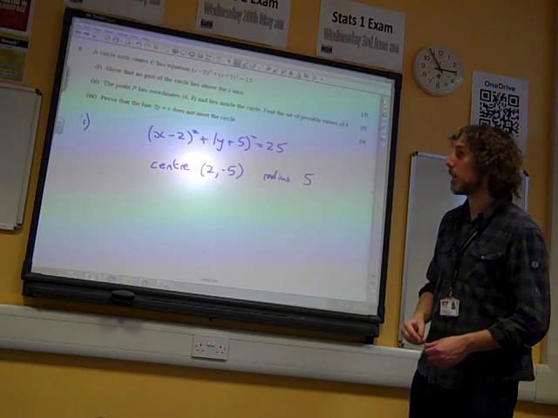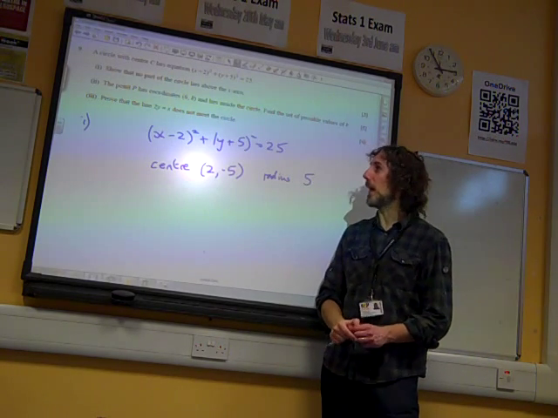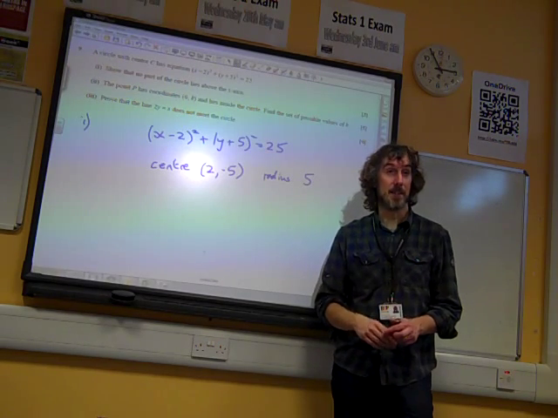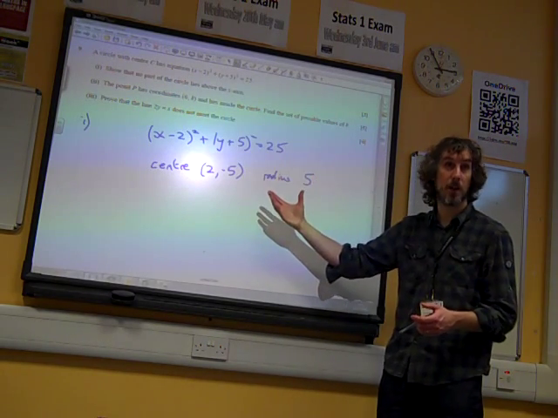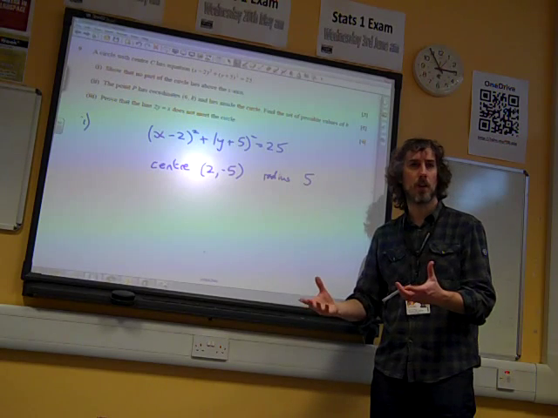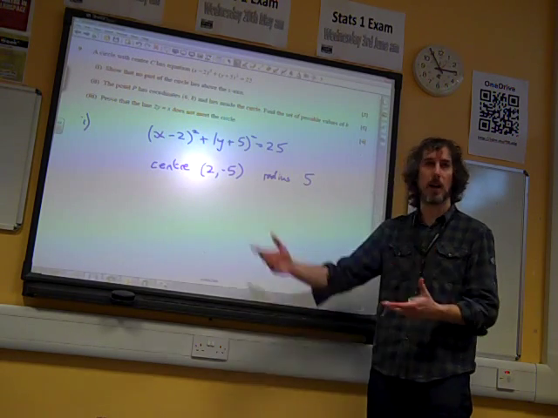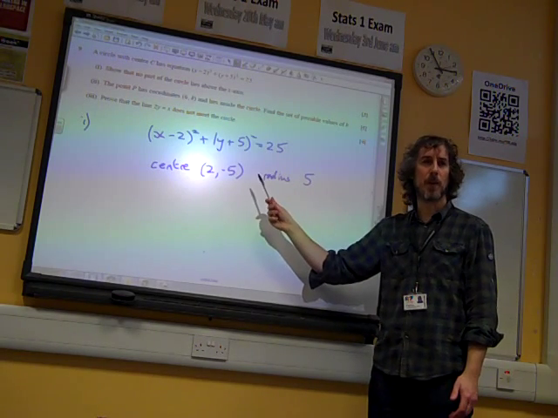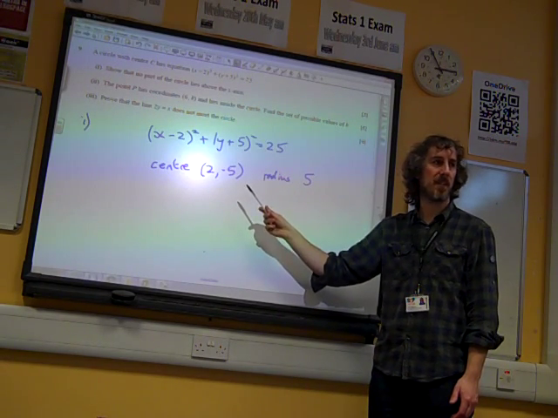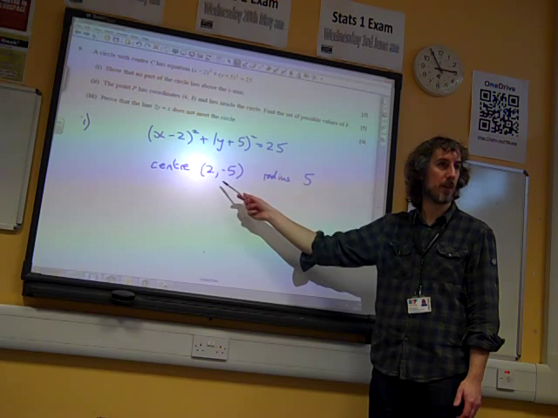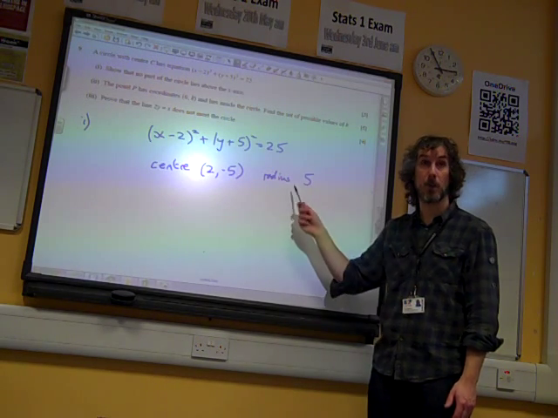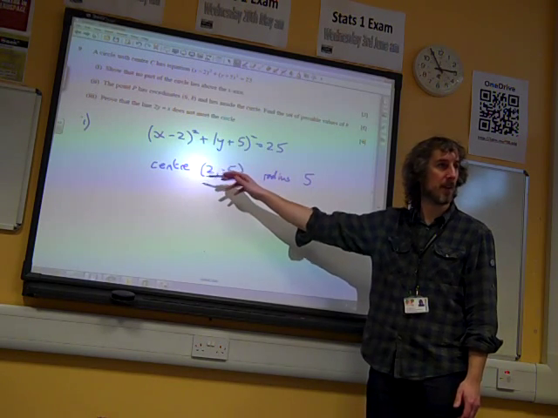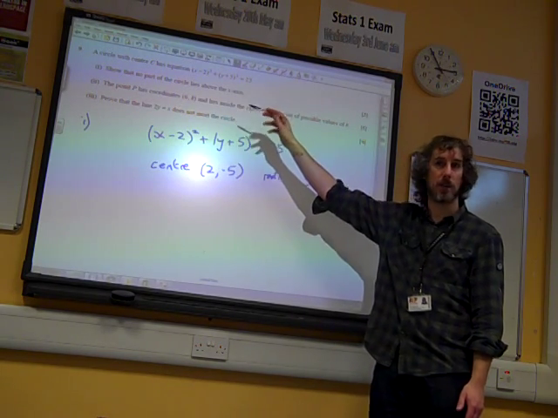And then it says, show that no part of the circle lies above the x-axis. Well, that's it, isn't it? Having got this, you could do it with words, or you could draw a diagram to illustrate this. A nice way that quite a few people wrote this was by saying that if that's the centre at (2, −5), then the highest point of the circle must be directly above that centre point, but 5 above it.